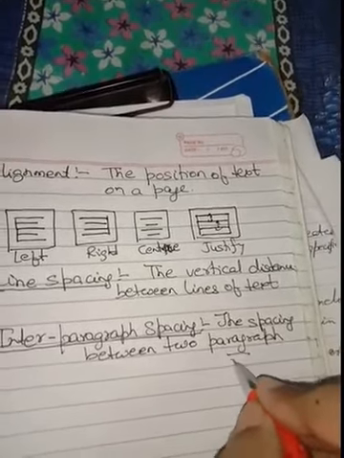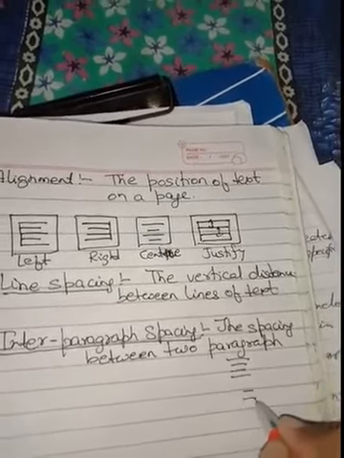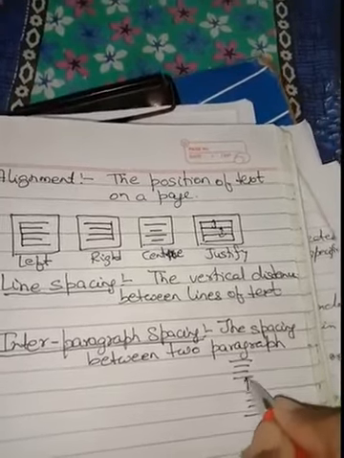Suppose this is one paragraph and this is another paragraph. So the space between the 2 paragraphs is known as inter-paragraph spacing.